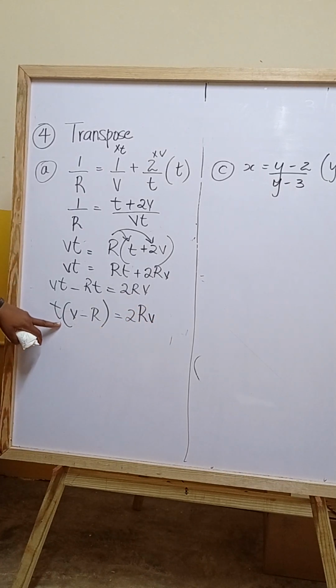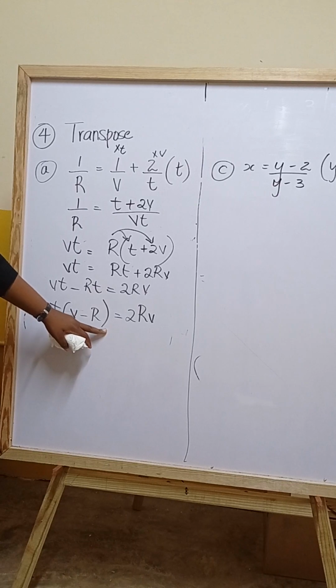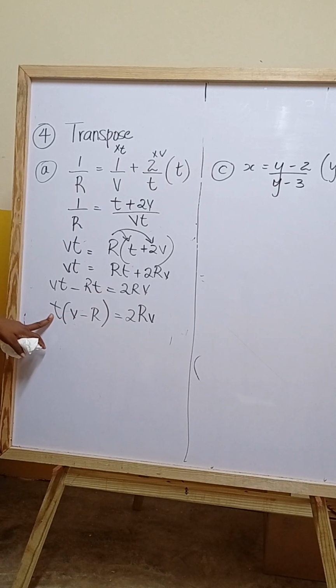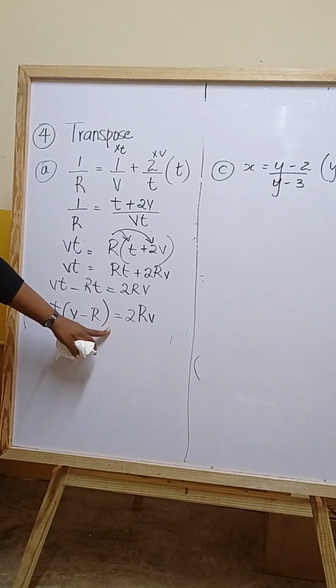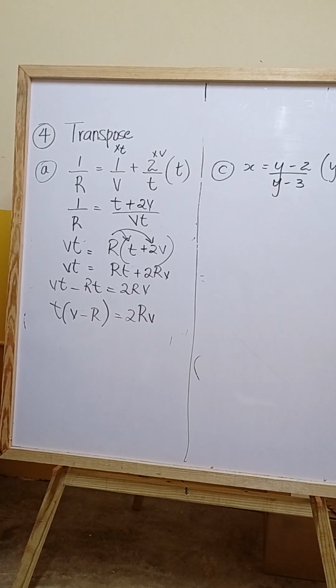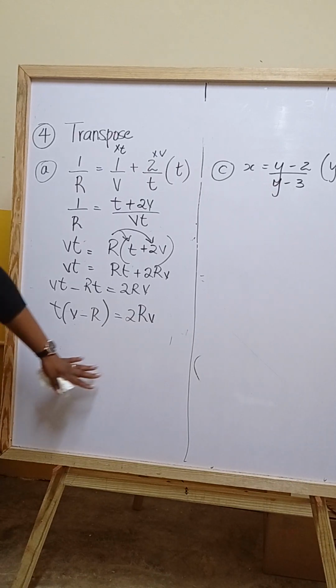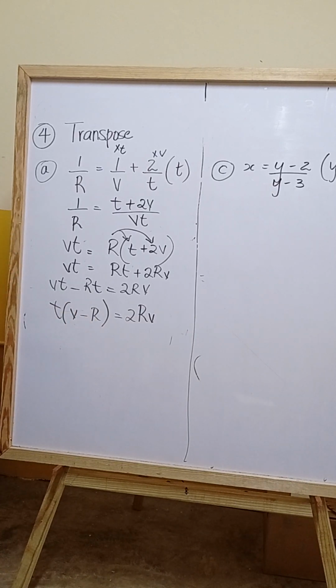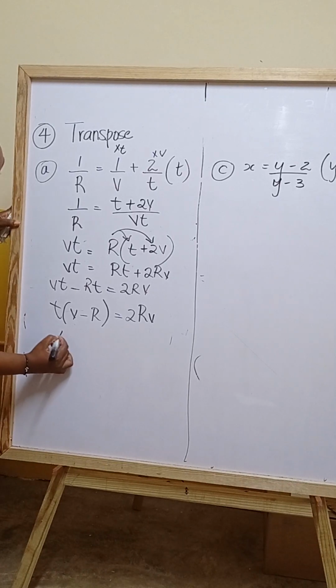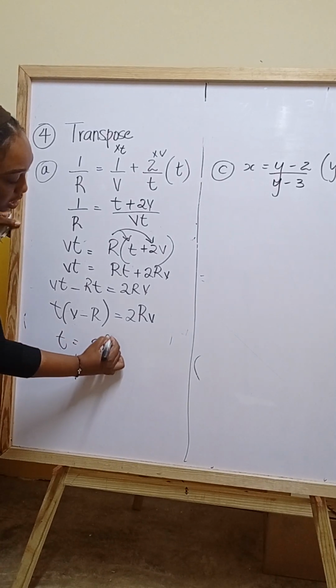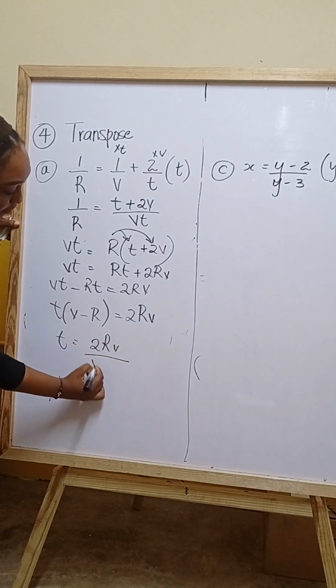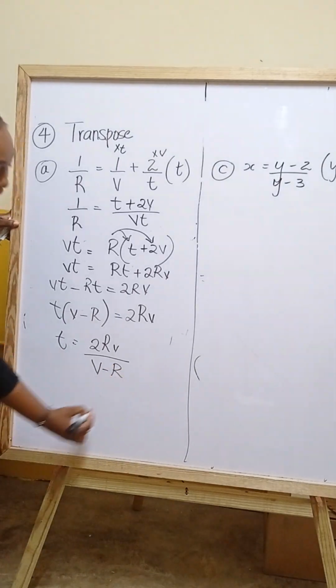Now we can eliminate V minus R, that is being multiplied by T. So in order to eliminate V minus R from the left hand side, we have to divide both sides by V minus R. So T is equal to 2RV over V minus R.